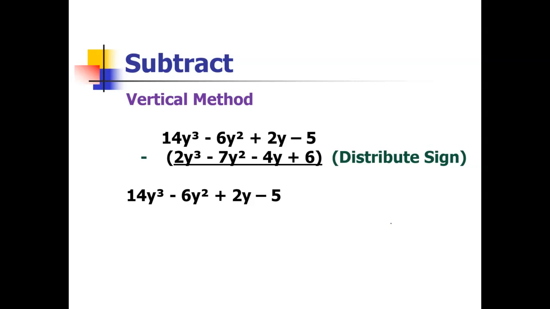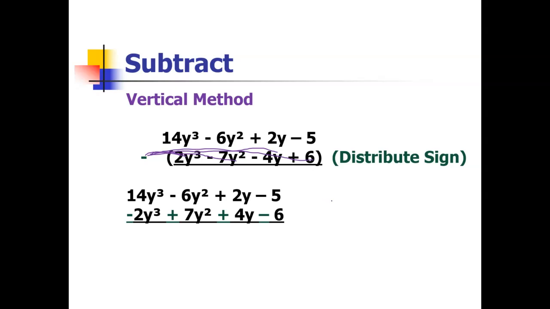First polynomial as is, which is 14y cubed minus 6y squared plus 2y minus 5. In the bottom one, I will change that to -2y cubed plus 7y squared plus 4y minus 6. So here I'm distributing this sign. Negative and a negative is positive, negative and a negative is positive, negative and a positive is a negative.